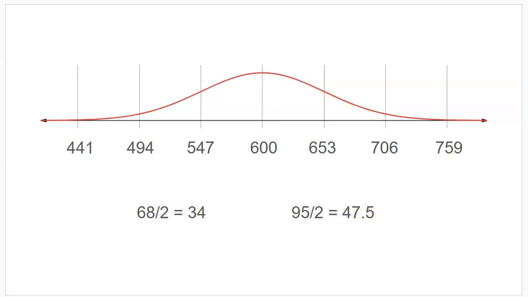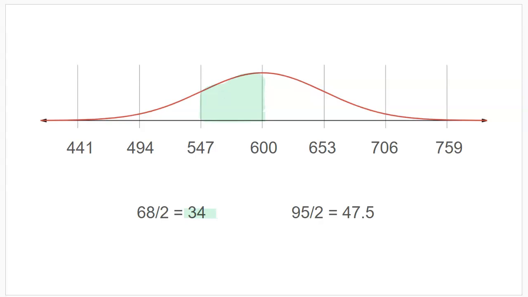Let's do the same for the other part. The area between one standard deviation below to the mean would be this region here in green, and it is half of that value associated with one standard deviation within the mean, the 68. So half of that is 34.